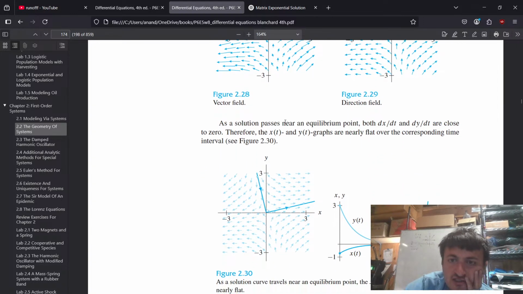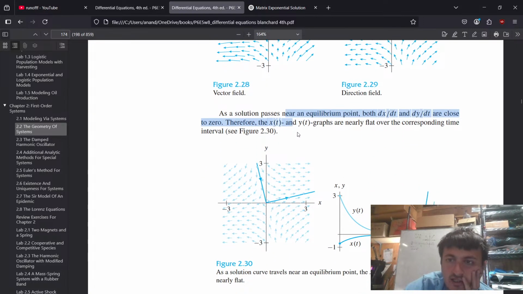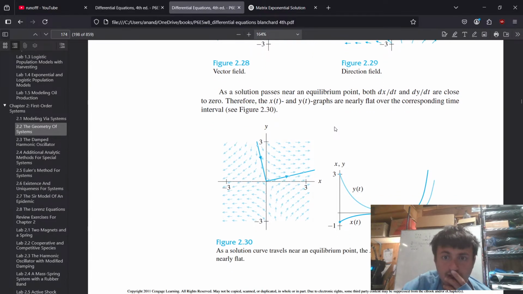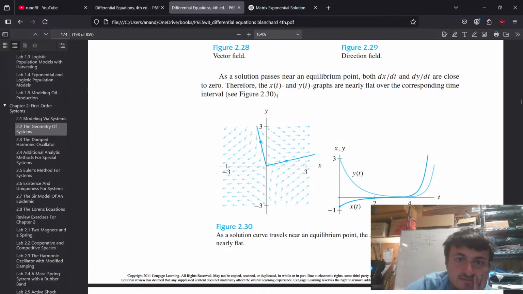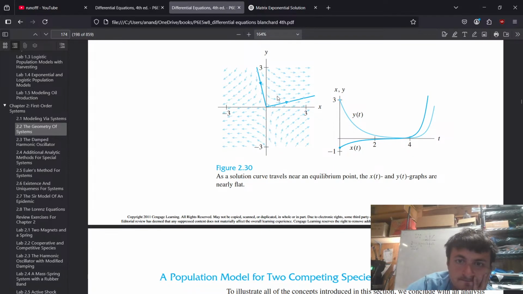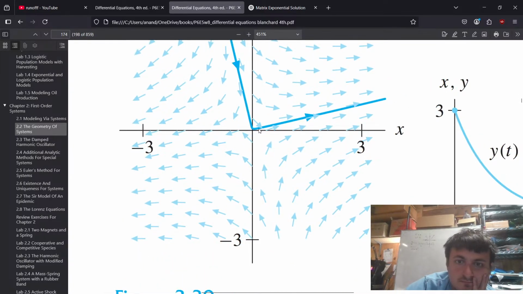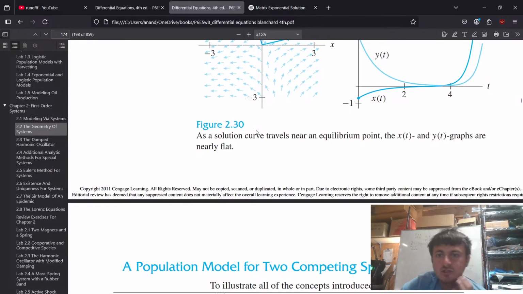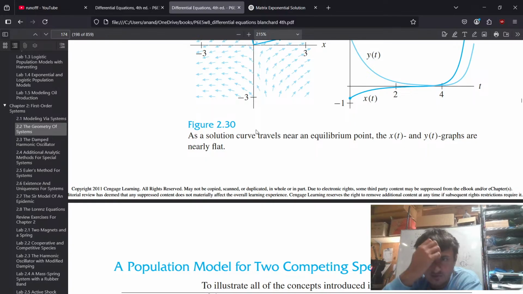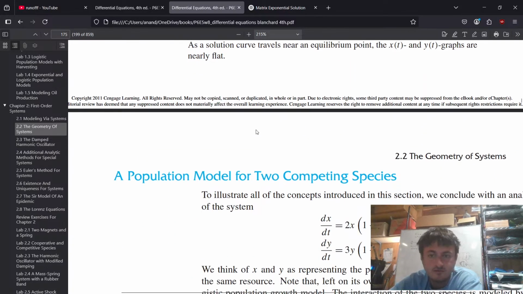As a solution passes near an equilibrium point, both x dot and y dot are close to zero. Therefore, the x of t and y of t graphs are nearly flat. It doesn't have to be that they're near zero, but they do need to be flat.